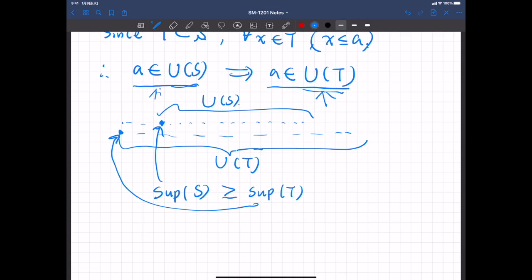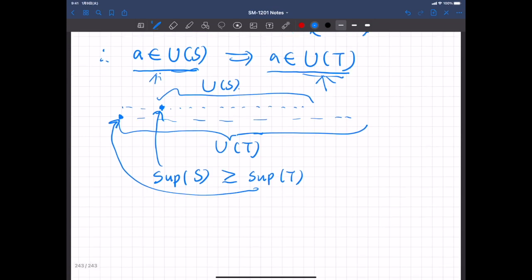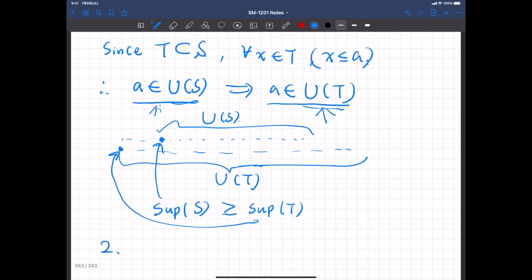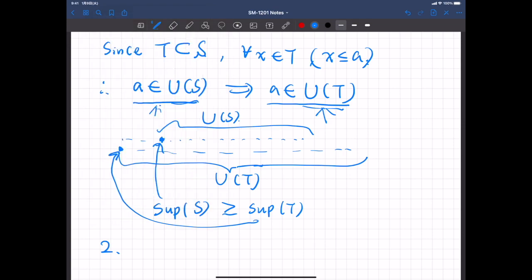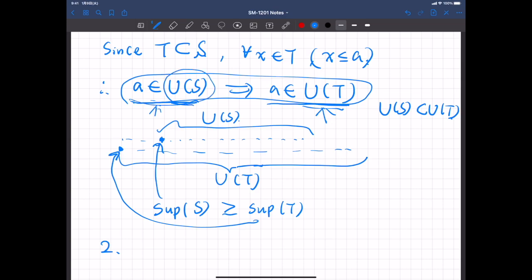Okay, and we can prove the second part similarly. So U of S is a subset of U of T. This is the definition of subset. So every element of U of S is an element of U of T. So that means this is a subset of this.